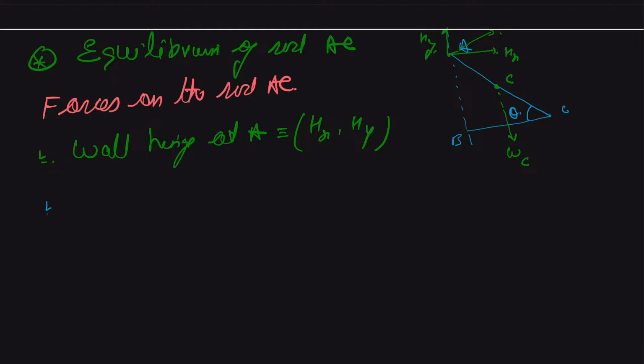And the other force will be the bottom rod that BC is going to exert on point A.